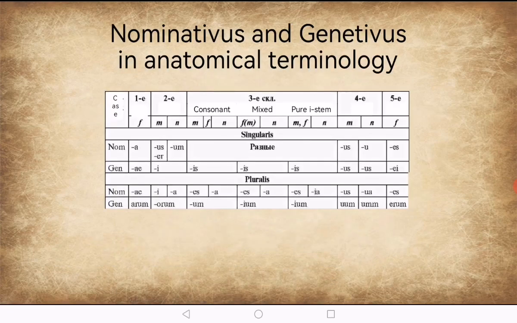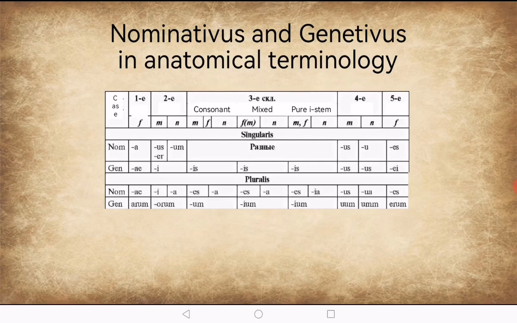And we have to return to our declensions. Look at the fourth declension. There are masculine and neuter nouns here. Masculine nouns of the fourth declension have the nominative singular ending US, and the genitive singular ending also US.